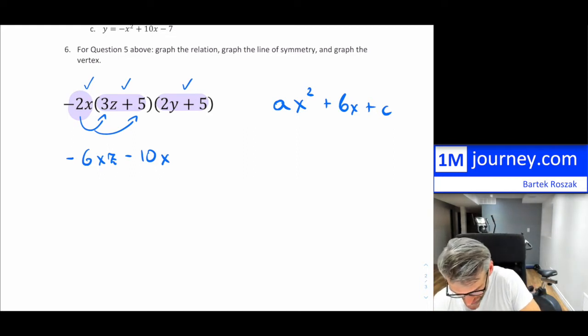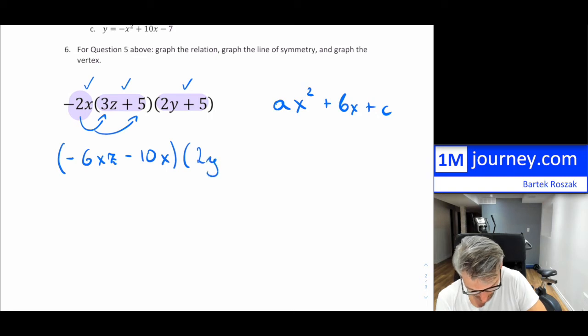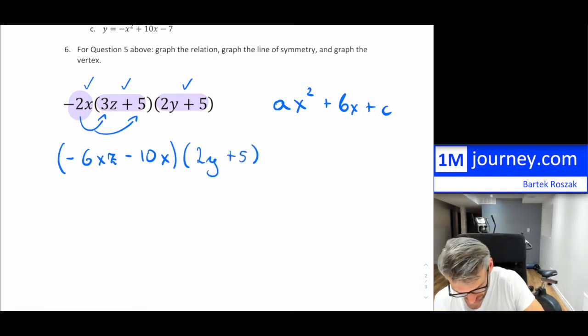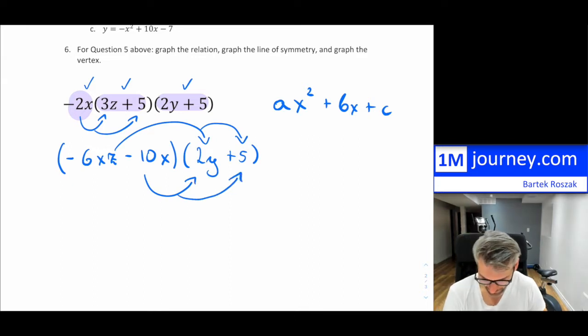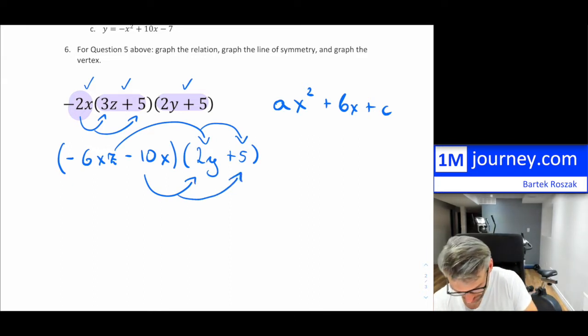Now, once you have this, you can expand it through 2y plus 5. Again, you use the distributive property. This one's going to be a little bit more annoying because we have to do all of them. I'm going to keep the variables in alphabetical order.